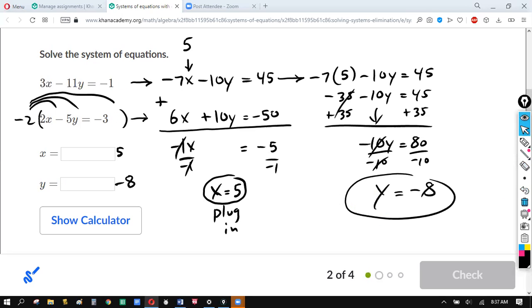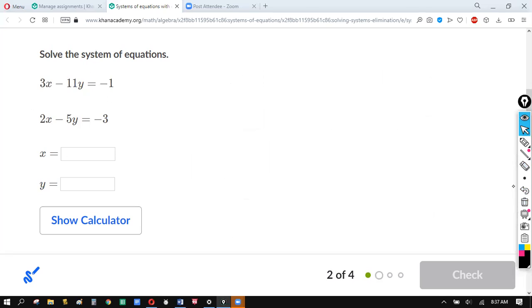All right. So we'll do one more. And I like this one because you have to do multiplication on both equations. Never try to avoid fractions at all costs. Always go with the bigger numbers if you can get away from fractions. So see, we have a 3 and a 2 on the x. We have a negative 11 and negative 5 on the y.